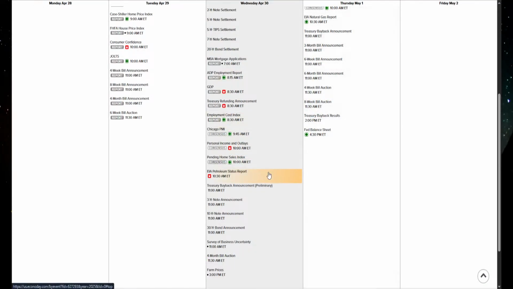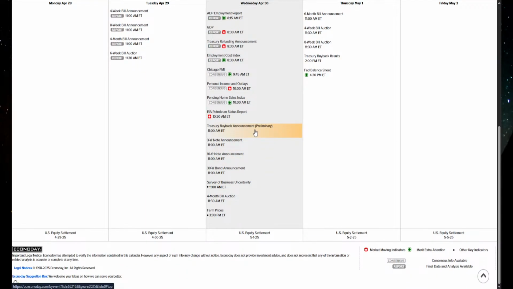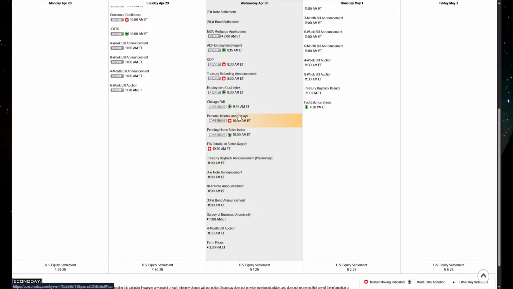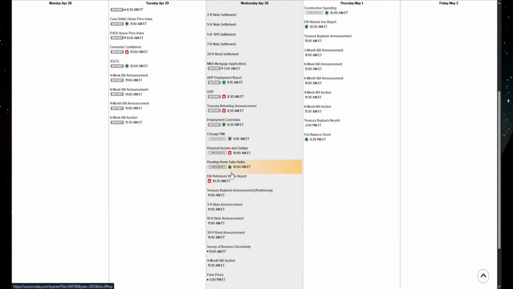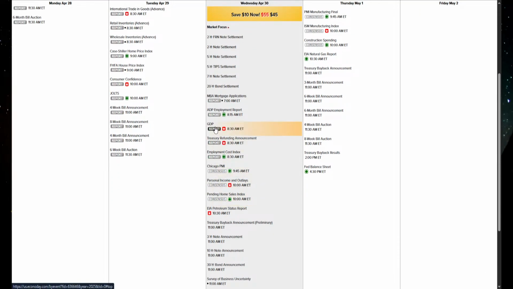See if you have any more news. No, that's it for today. Treasury buyback announcement, I don't think that's important. Most of the important news has these green and red stars. They'll say report or consensus. These are the news that really do move the market.